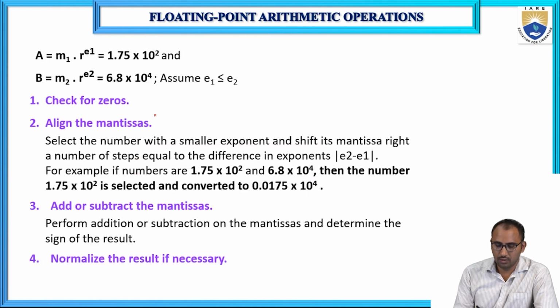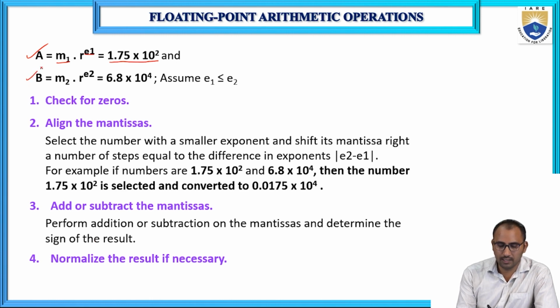Here we are considering two floating point numbers. The first number is A. We already know a floating point number can be represented with a mantissa and an exponent. The first number's mantissa is M1 and its exponent is E1, so the first floating point number is 1.75 into 10 to the power of 2.